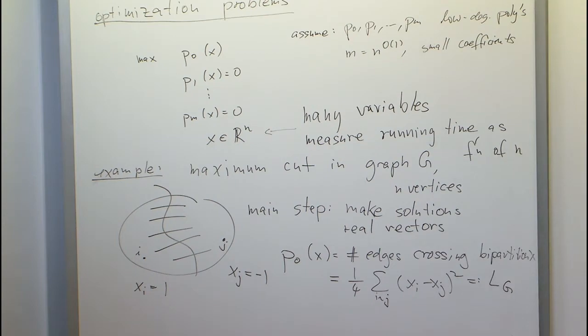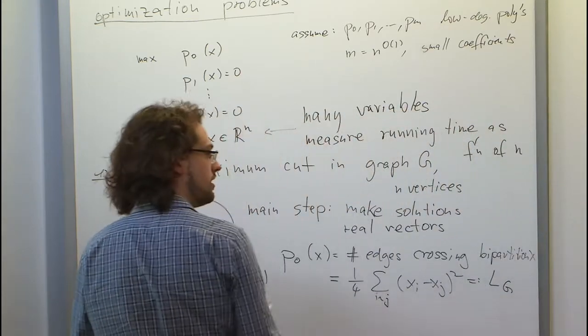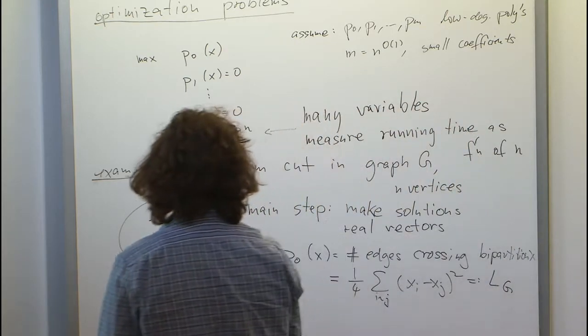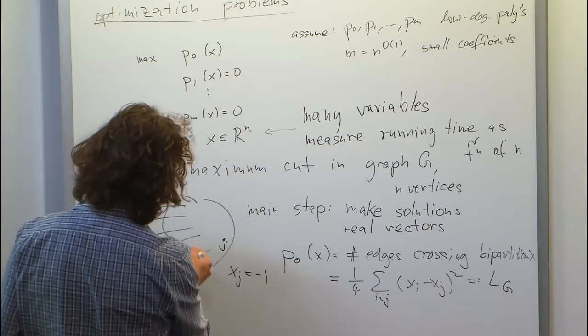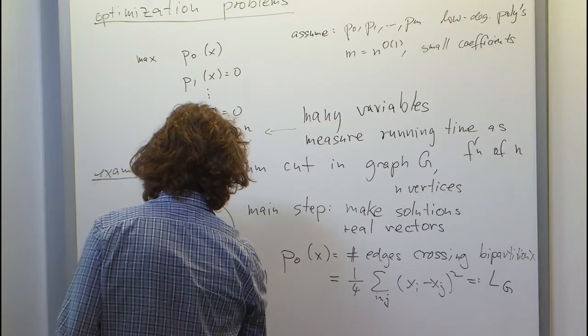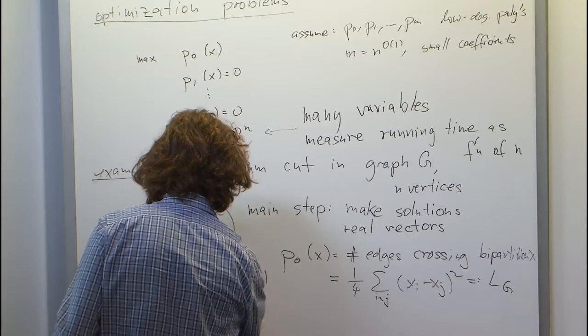Here you also say that all x_i squared equal 1. Yes, okay, a good point. So what we did here is we associated every bipartition with some vector x with plus one minus one coordinates.